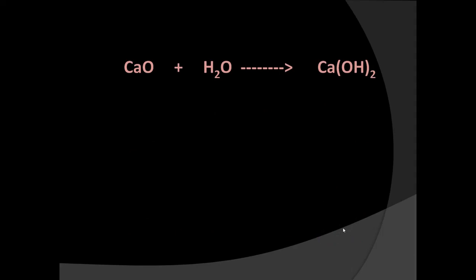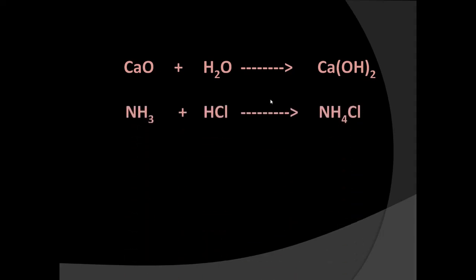So this compound is combining with one more compound, that is water, and it is giving rise to a single product, that is calcium hydroxide. CaO, calcium oxide, reacts with water, H2O, and gives rise to calcium hydroxide. Here how many reactants are there? Yes, 2 reactants are combining to give rise to a single product. So this is also an example for combination reaction.